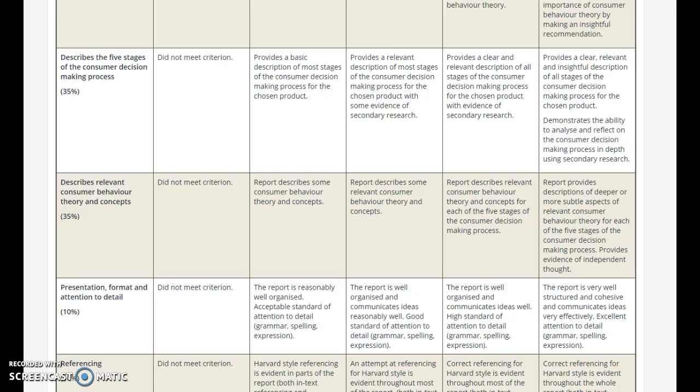So for example, in the first stage, need recognition, instead of just saying this is what need recognition is and this is how it is relevant to the particular product that I've bought, you would bring in, say for example, and talk about an imbalance between desired and actual states, and then bring in some research to explain what that is, and then you could go on to tie that into internal or external stimuli to show that sometimes it's driven from internally and other times the need or the want is driven externally.